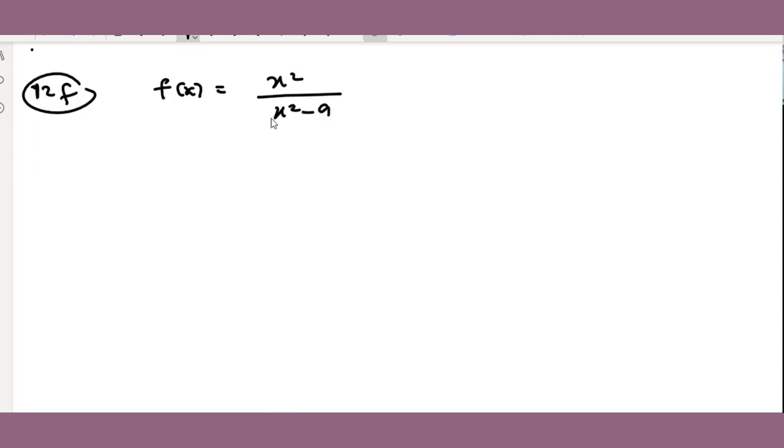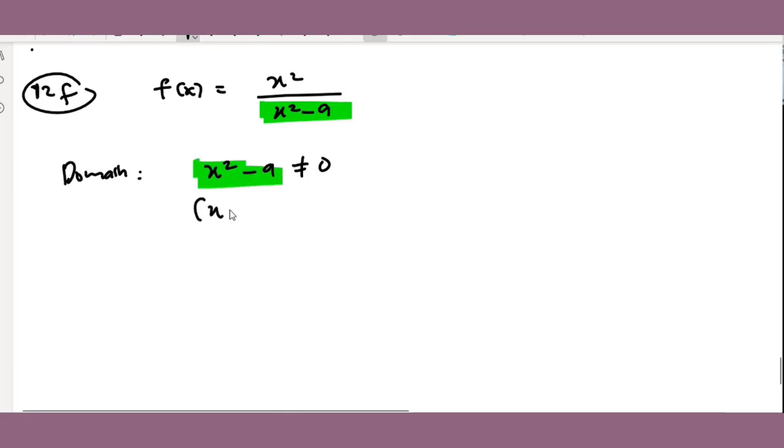Now, given x squared minus 9, for the domain the denominator must not be equal to 0. Factorize the denominator, then x is not equal to negative 3 and x is not equal to 3.